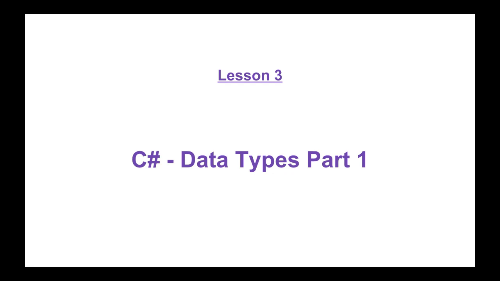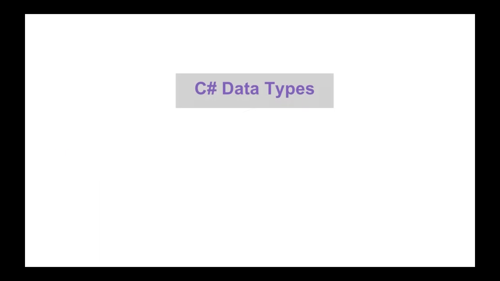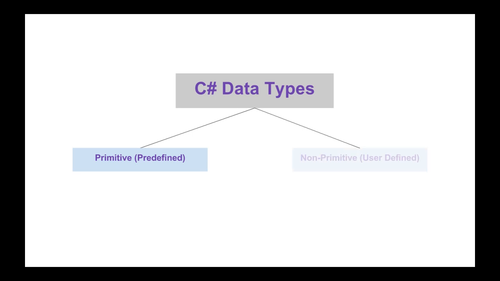There are two types of data types in C#. We have primitive or predefined data types. Then we have non-primitive or user-defined data types.